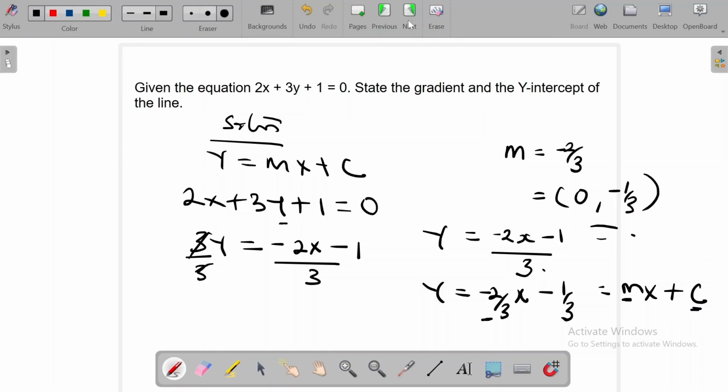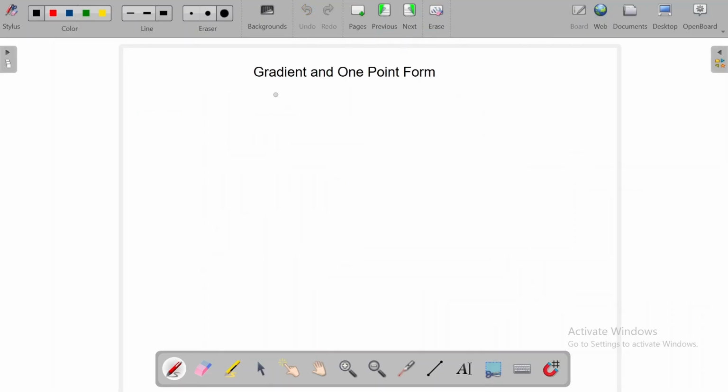So if we move to the next, which is called gradient and one-point form. From the last video, I explained what we mean by the midpoint of a line. If you have point A moving to point B, this has a coordinate which you can call x, y.